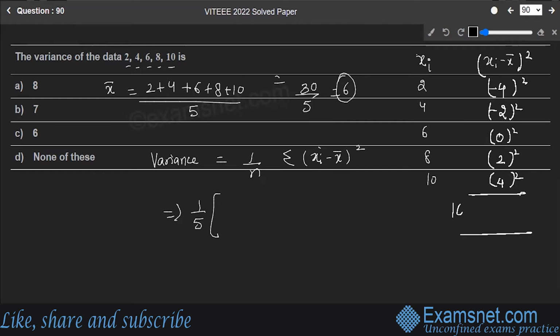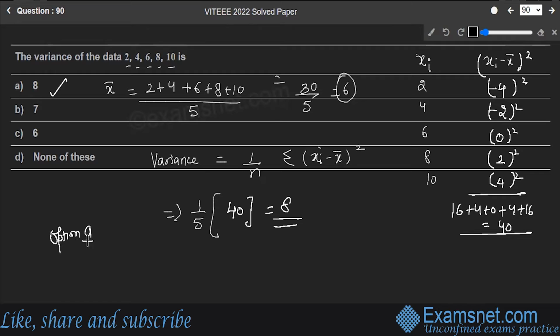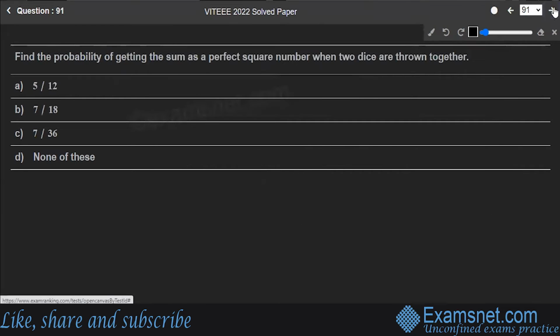That is 16 plus 4, 0, 4, and 16, which is nothing but 40. So 40 divided by 5 gives you the answer to be 8. Option A is the correct answer. Hope you understood this.